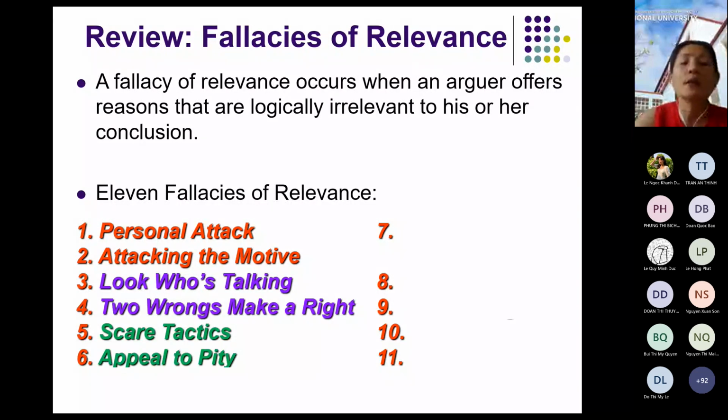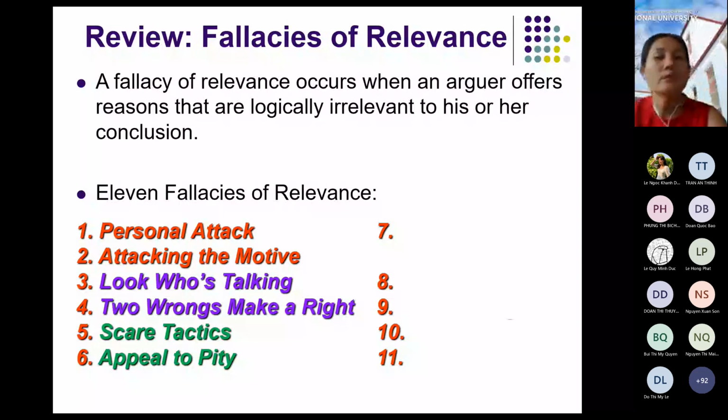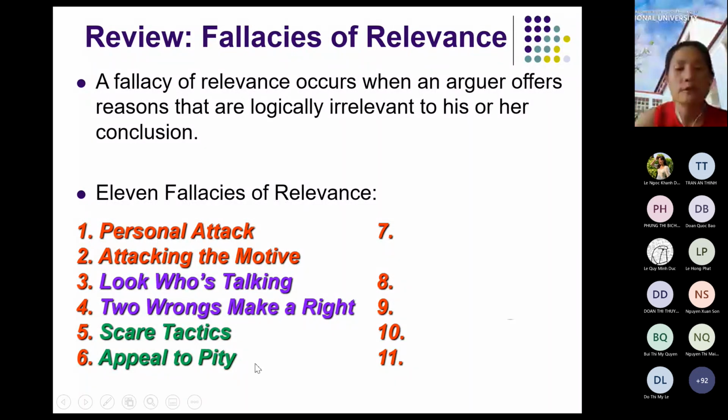And number 6 is similar to number 5. Number 6 also appeals to feeling, but more of an understanding feeling, the pity feeling. Based on that, they convince you, or force you, not really force, more convince. And we don't really see any relevant reasons there. So number 5 and number 6 are similar, so I made the color the same.